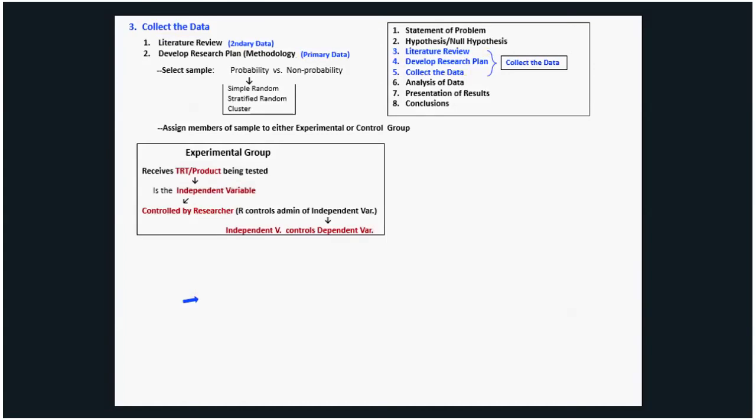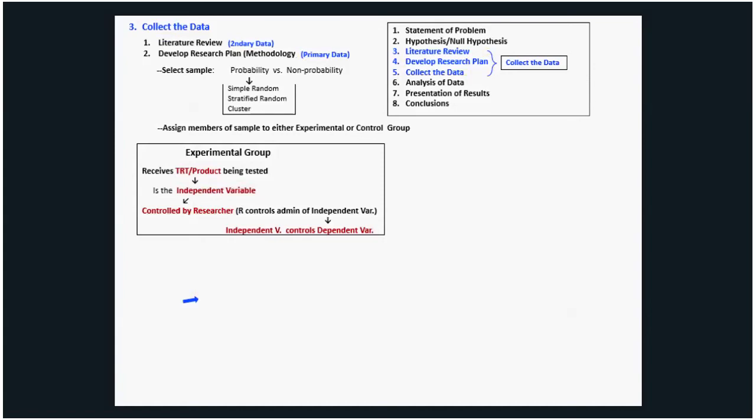With our experimental group, the thing we want to remember is that it receives the magic potion, whatever it is that we're testing, the treatment or the product. The treatment or the product then becomes what we call our independent variable. The thing to remember here is that the independent variable is controlled by the researcher, meaning the researcher controls the administration of the independent variable.